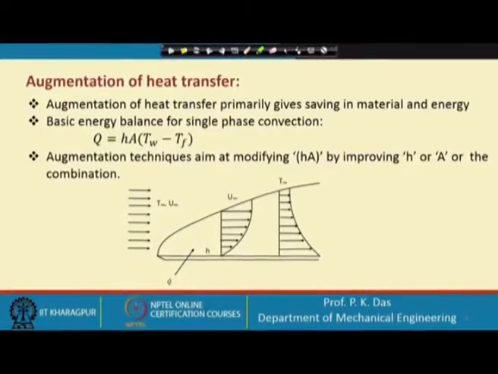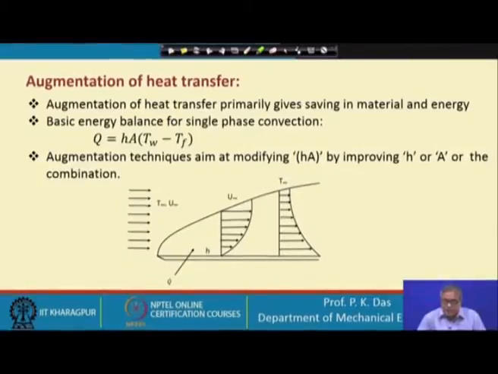So, first I have written that augmentation of heat transfer primarily gives saving of material and energy. Whenever we are talking about an advanced heat exchanger or compact heat exchanger, obviously one of the main goals is to reduce the size of the heat exchanger.